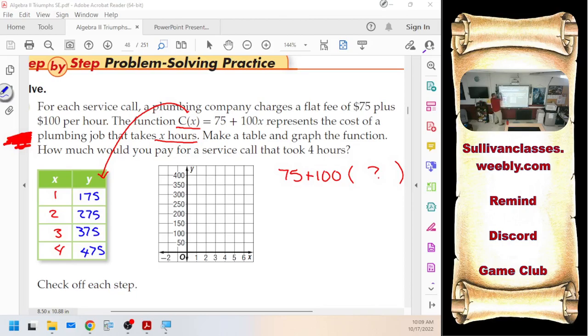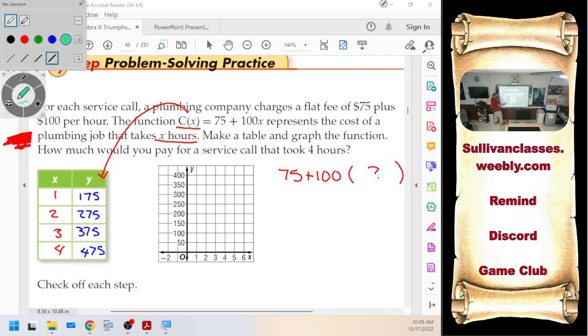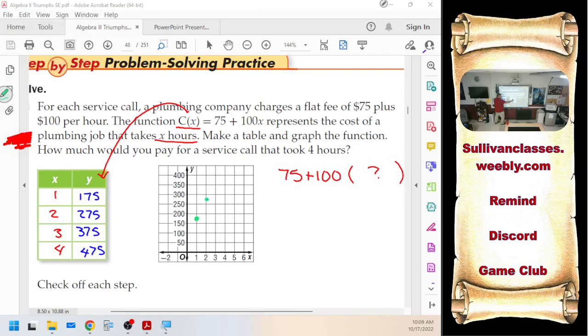So we're going to go to 175, which is halfway between 150 and 200. 275 is halfway between 250 and 300. 375. 475. I'm going to go like half a box off road. Y'all okay with that? Because if I'm at 400, the next box is 450. I'll go about half a box above that.